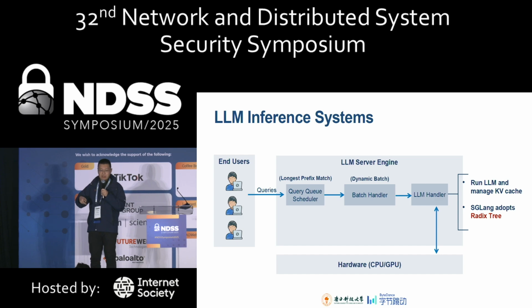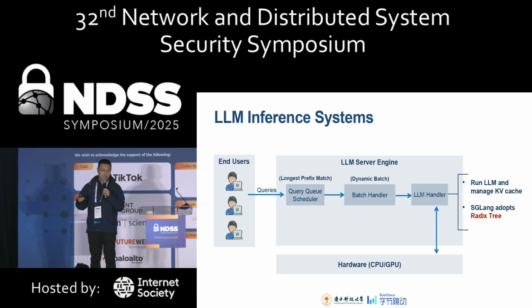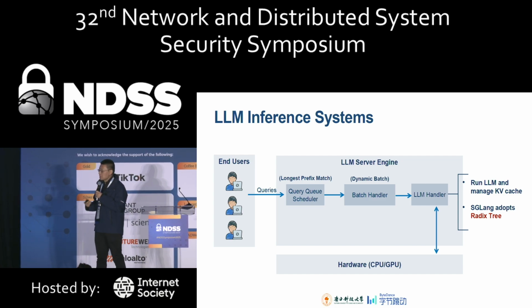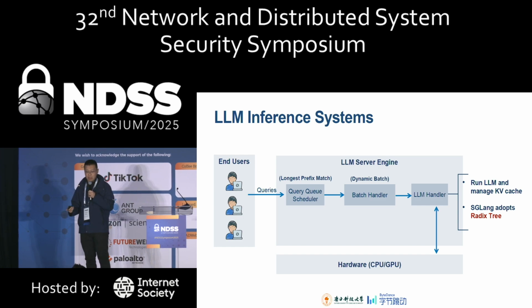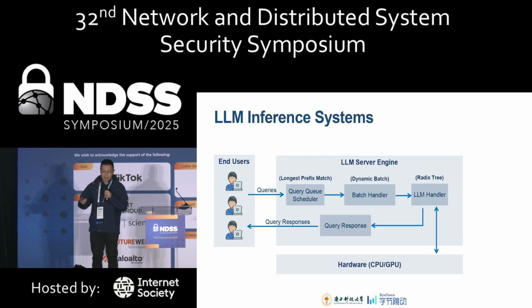What is unique about SGLang is that it adopts a radix tree structure for the KV cache, which enables efficient management and fast lookup of each token in the KV cache. That is the unique feature of SGLang. Eventually, the request will be responded to the end user.